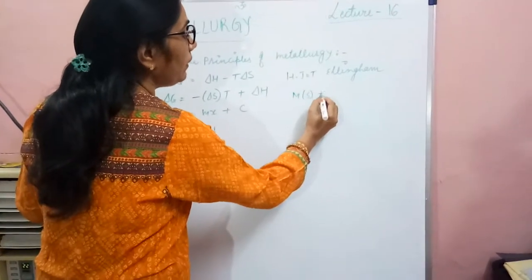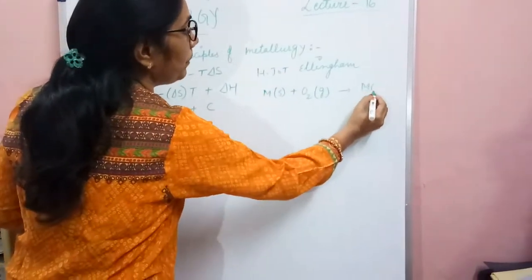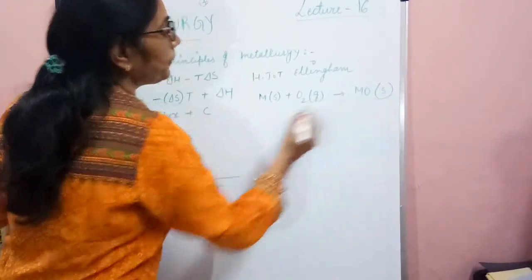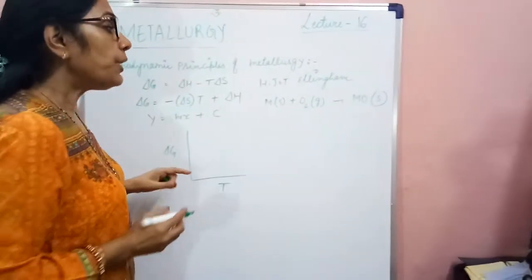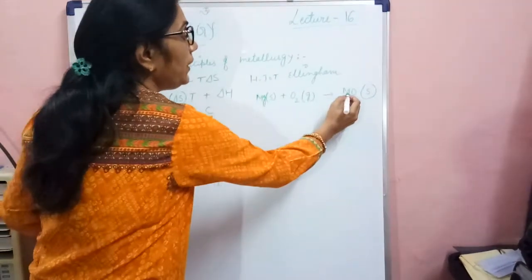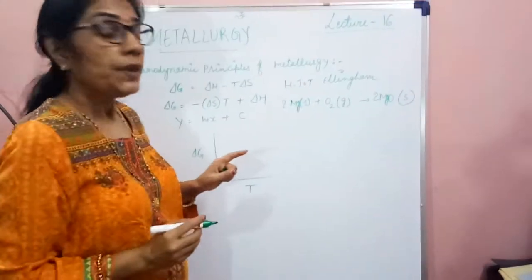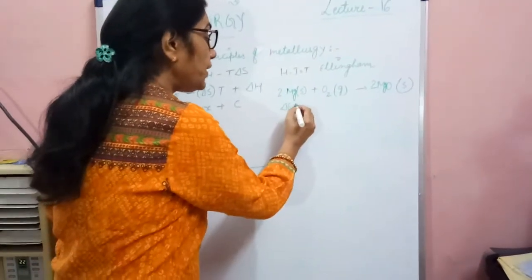Suppose metal plus oxygen and it forms metal oxide. Now you can see here that if you use here magnesium and here you form magnesium oxide, then delta S, change of entropy.